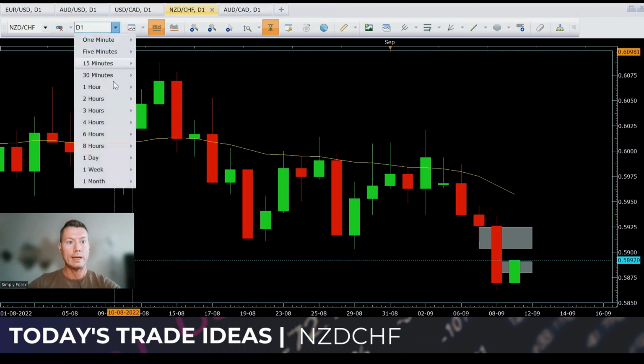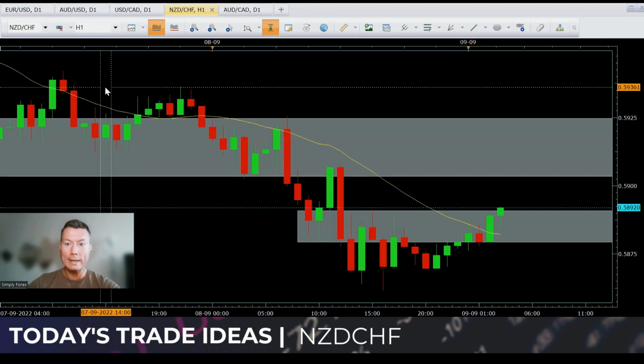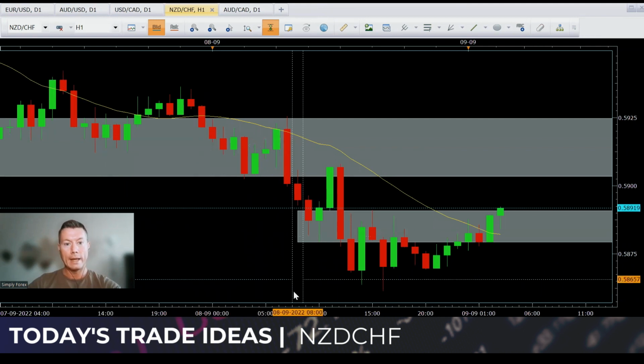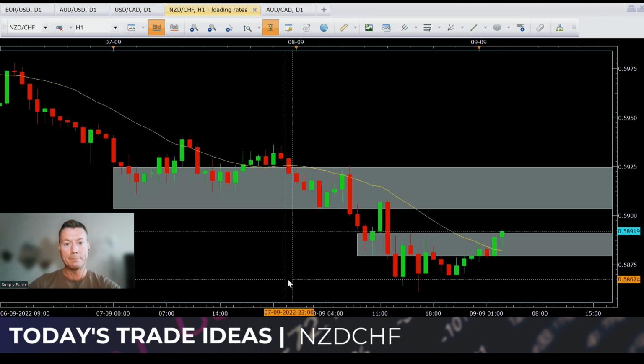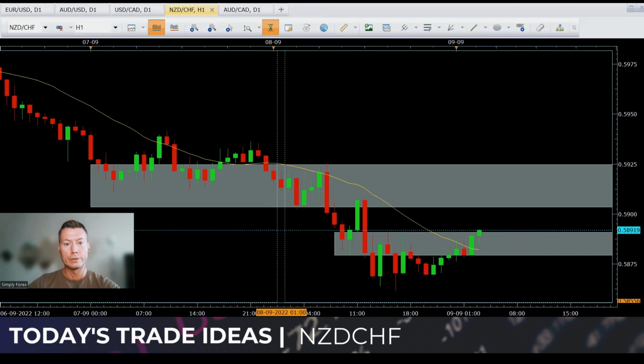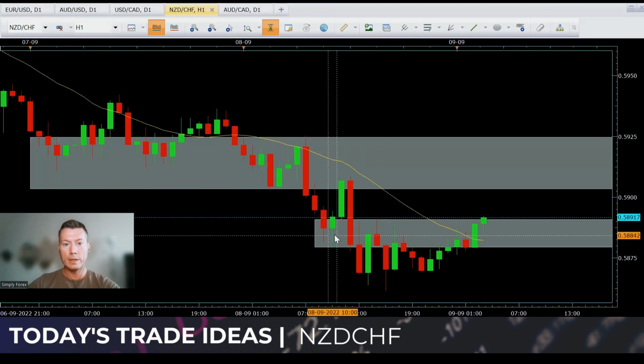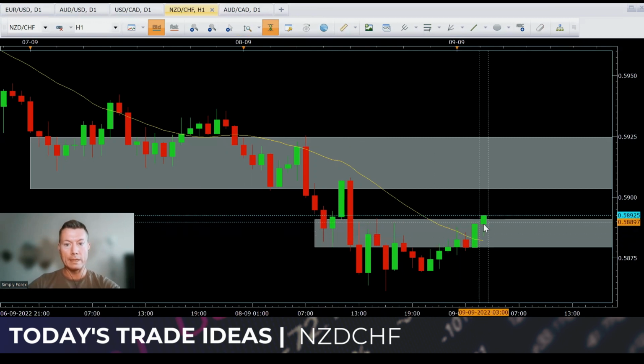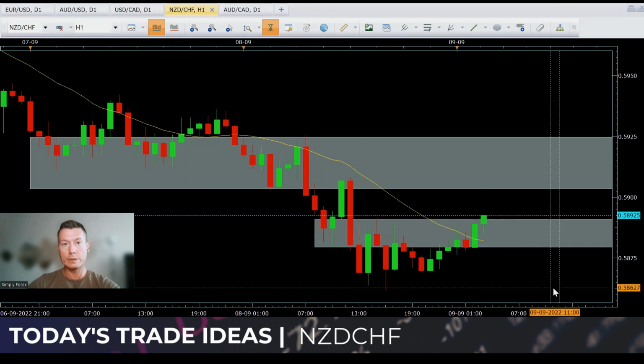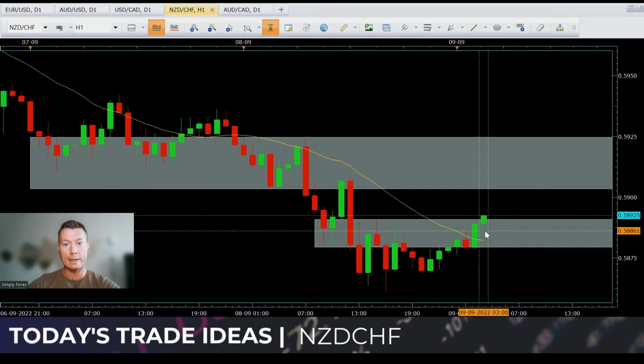If we drop down to the H1 now, because as you know by now, this is our entry time frame, I've got a couple of grey zones. First of all, I had this grey zone, because we had this low here, then these highs here, this high here. Obviously price is leaving this zone, but we still have time for it to close back in.